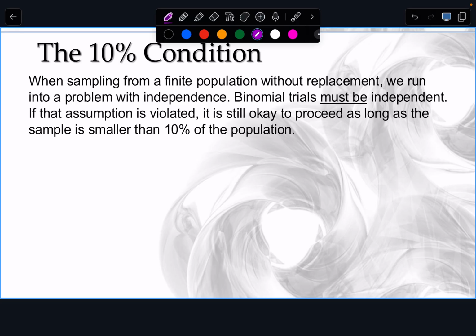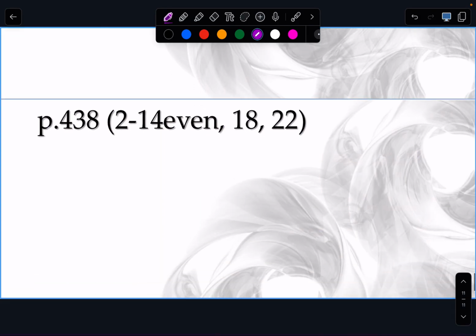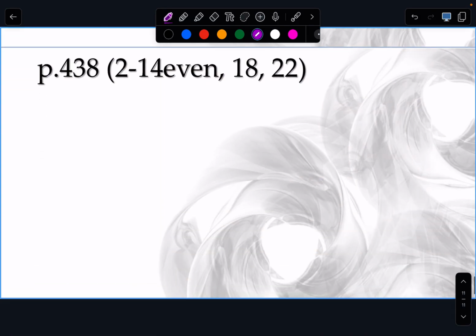So if the sample that I select is less than 10% of the entire population of interest, my probabilities aren't going to change enough to make a big difference, and so we're okay to proceed as if independence was actually met. Okay? And so then you have these following problems here, which is posted on Google Classroom.